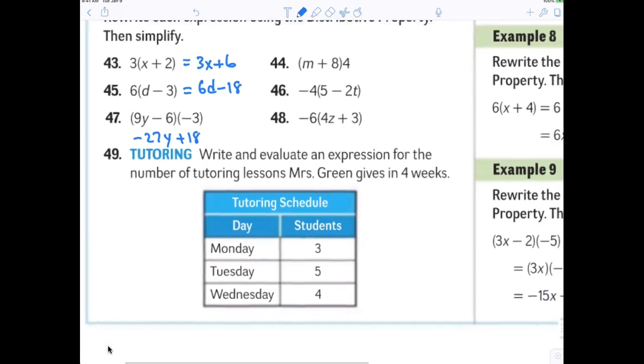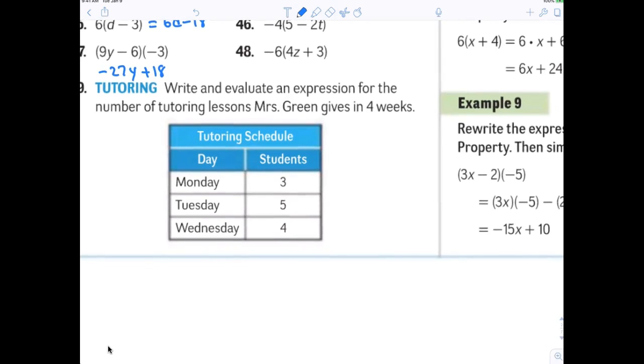All right. Write and evaluate the expression for the number of tutoring lessons Mrs. Green gives in 4 weeks. I'm not sure what that means. 3 plus 5 plus 4. What are we talking about? Well, it says write an evaluative expression for the number of tutoring lessons.